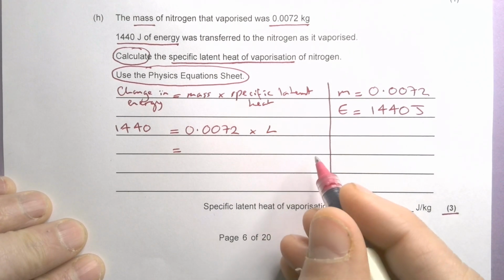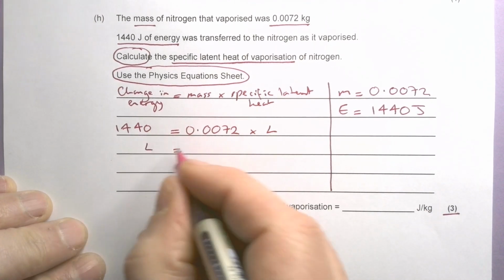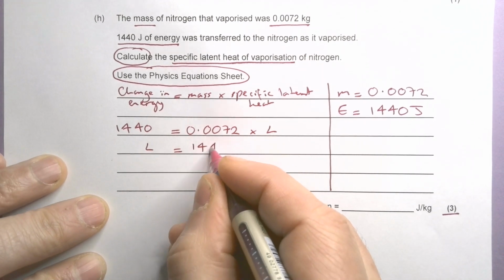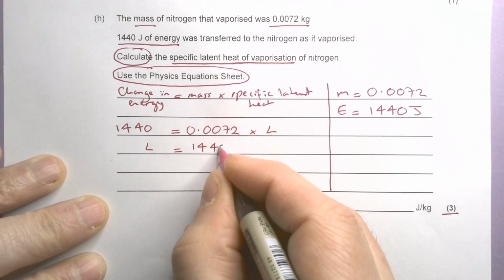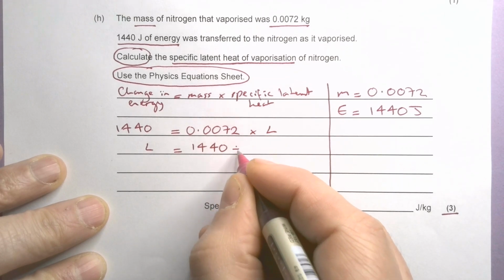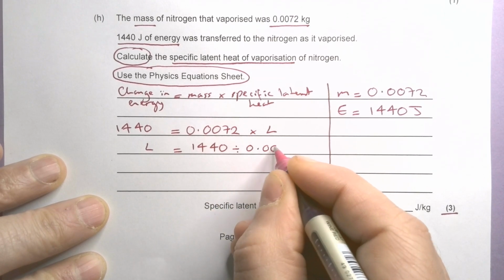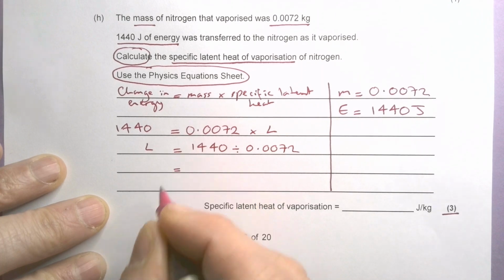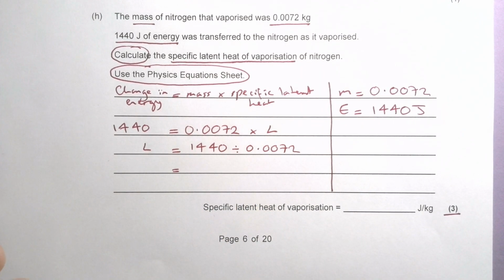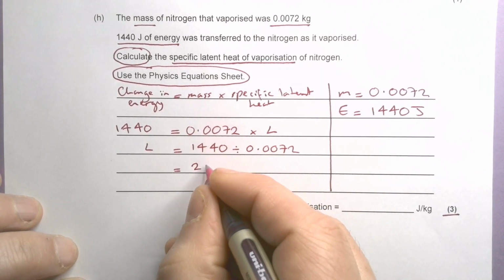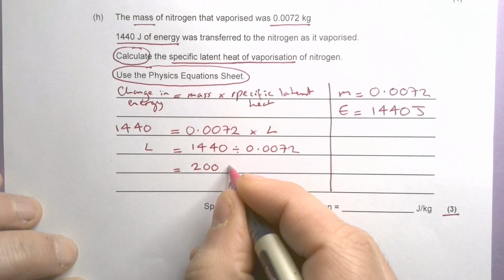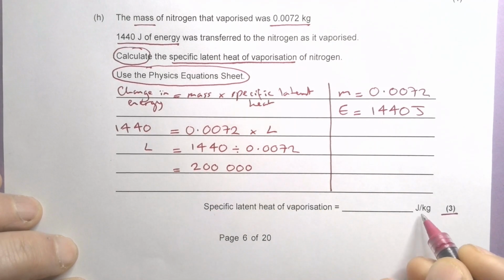I'm now going to rearrange it. So I need to divide both sides by 0.0072. That gives me a value of 200,000, and it's given us the units already there.